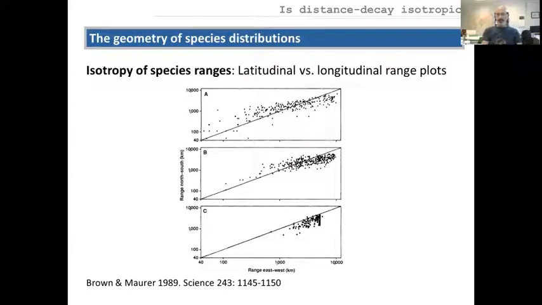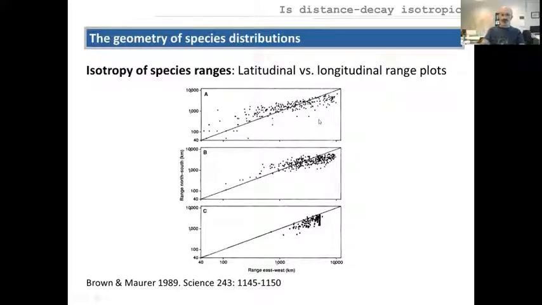Later, in their seminal paper about macroecology, Brown and Maurer show these plots that relate the range of species distributions in east-west directions against the range in north-south direction. So each species is a dot, and if its range is elongated in north-south direction, it would appear above the diagonal, and if it is elongated in east-west direction, it would appear below the diagonal.